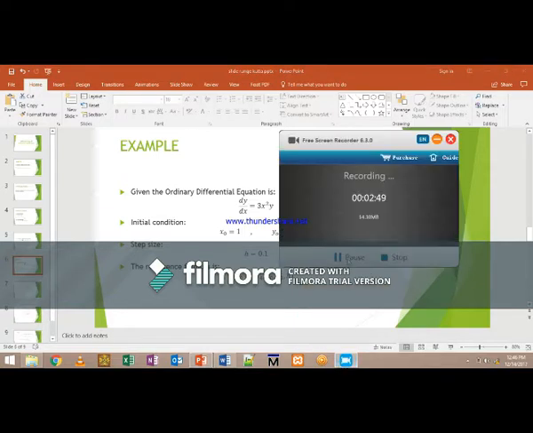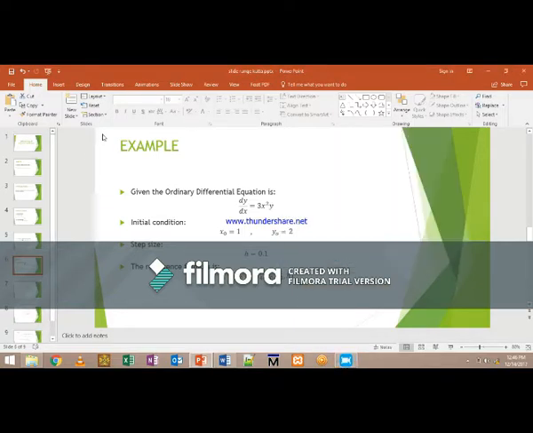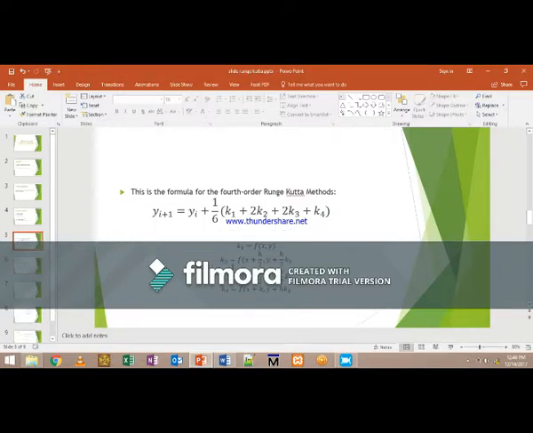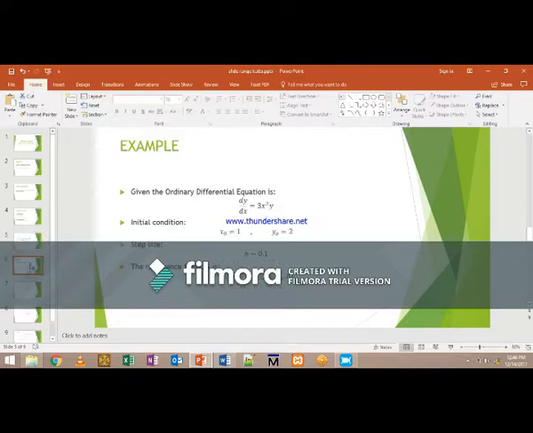Next, we are going to try some examples for this fourth order. Given the ordinary differential equation dy over dx equal to 3x squared y. The initial condition is x0 equals to 1 and y0 equals to 2.